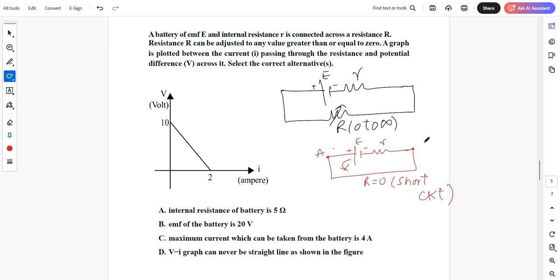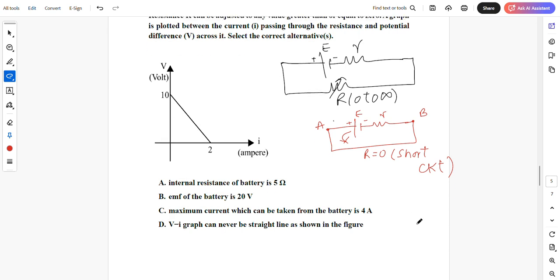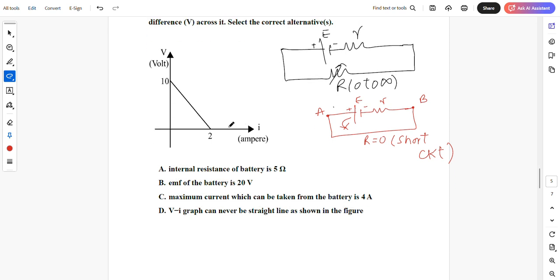That is across A and B. Okay, it is short circuit. Similarly here, if I draw the voltage and current, now here current will be how much? Current will be maximum here. Maximum current will flow when R is equal to 0.